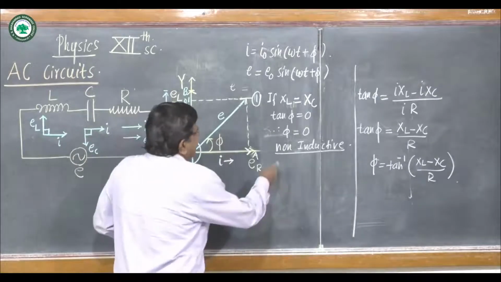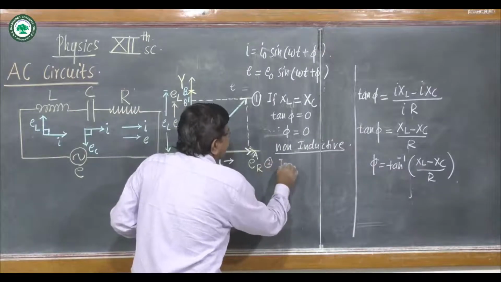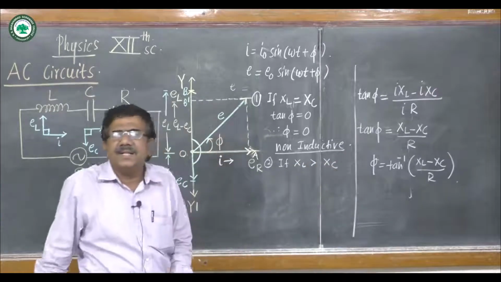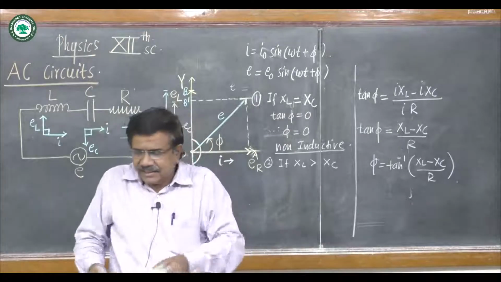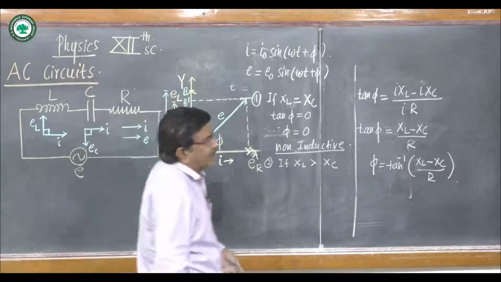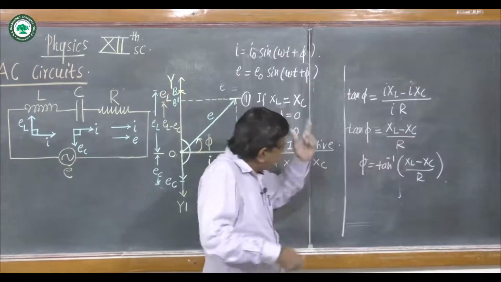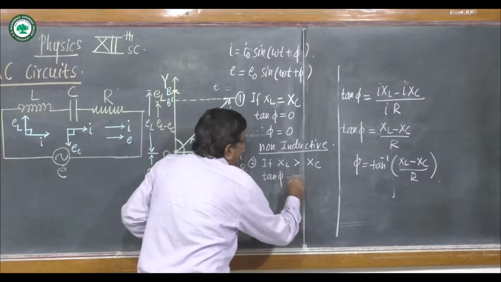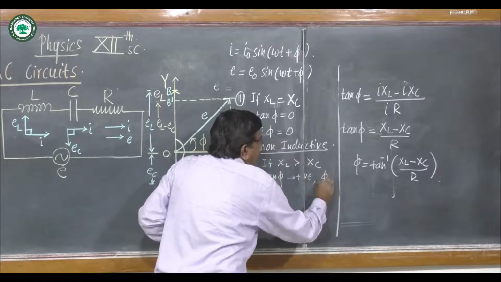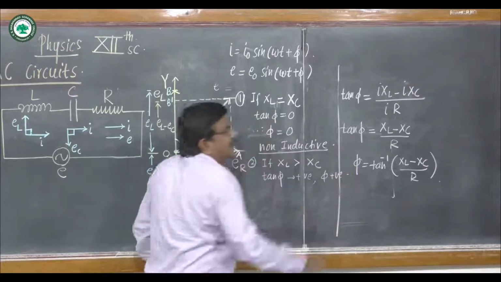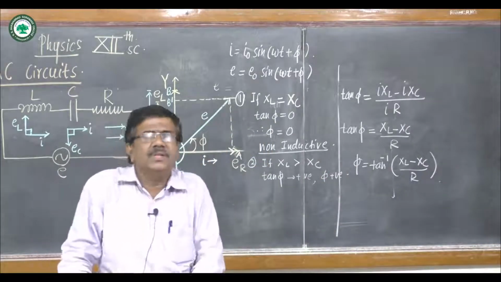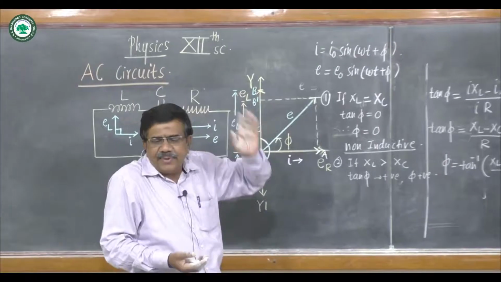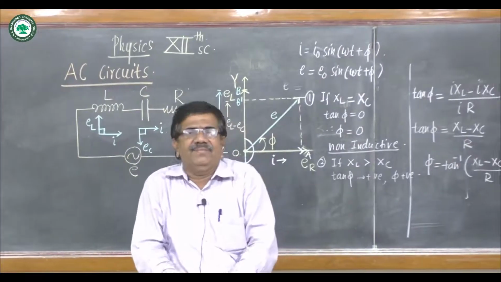Then our second case is, if XL is greater than XC, that is, the inductive reactance is greater than the capacitive reactance. From this equation, tan phi will be positive. Hence phi will be positive. It means voltage leads the current by the phase angle phi.